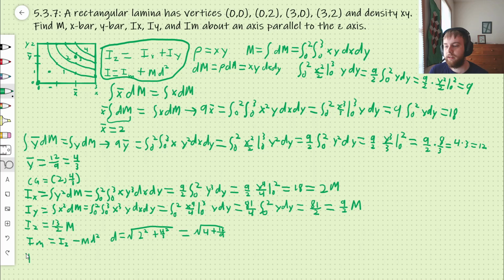So this gives us Im is equal to 13 halves m minus m times 4 plus 16 ninths. Okay, hold on, let me just calculate this.